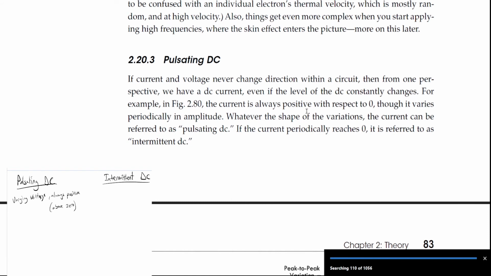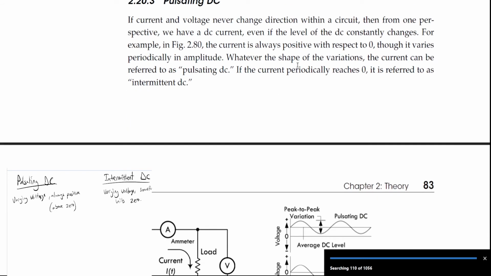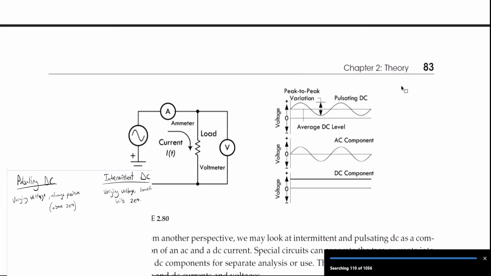And intermittent is varying voltage where sometimes it's zero. Okay, so here you can see it's pulsating, but it's not going below zero.